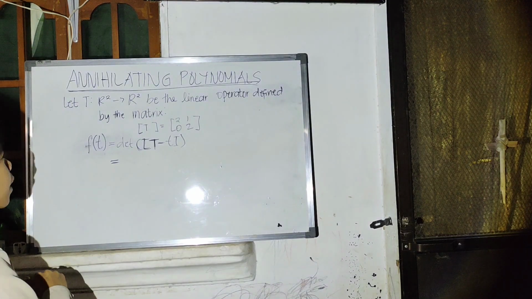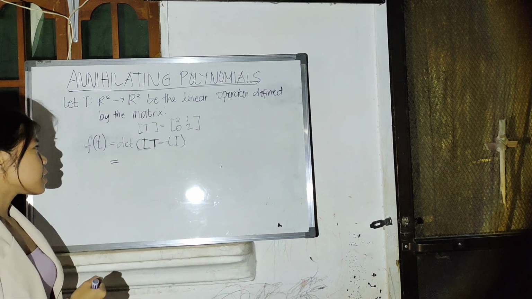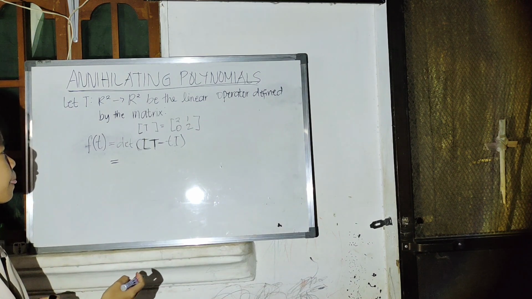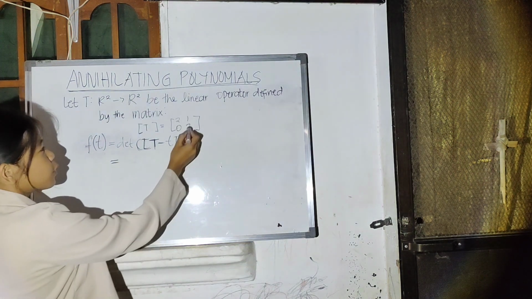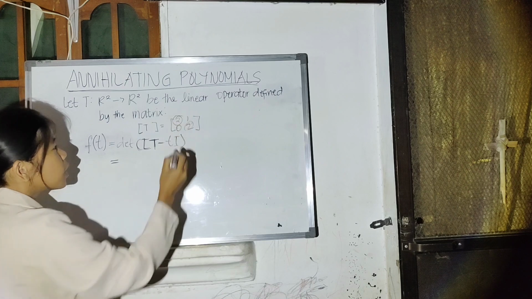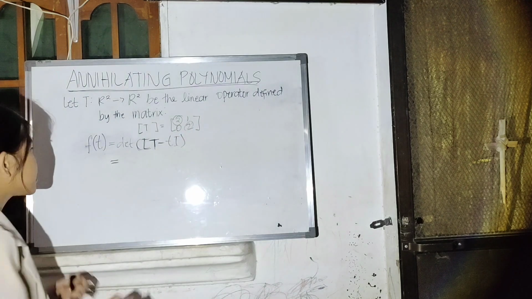Since our T here in our matrix, we have the number 2 na napaulit-ulit. Nakikita niyo naman na 2 yung numbers na paulit-ulit.